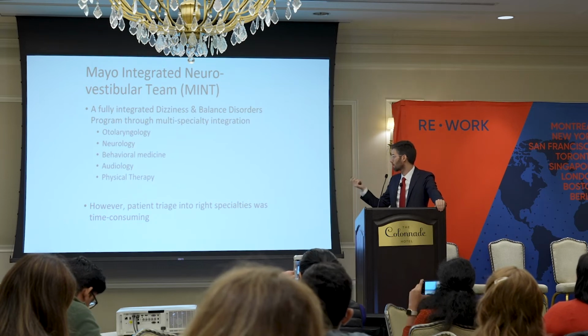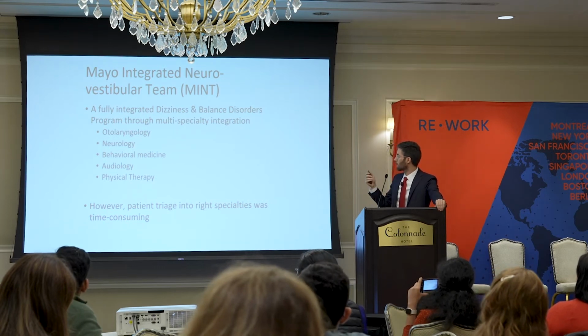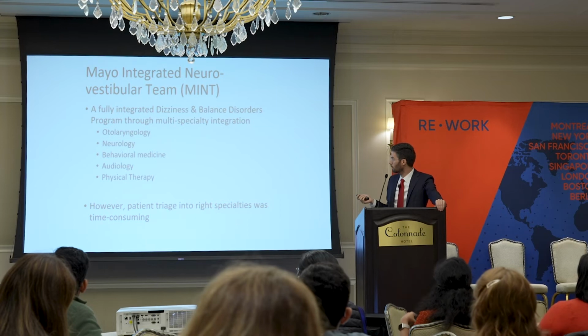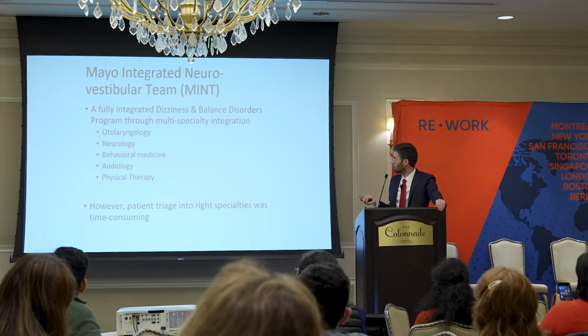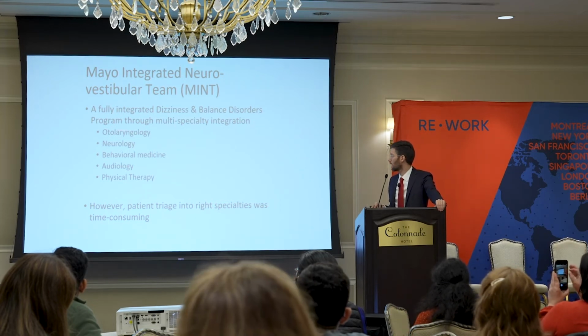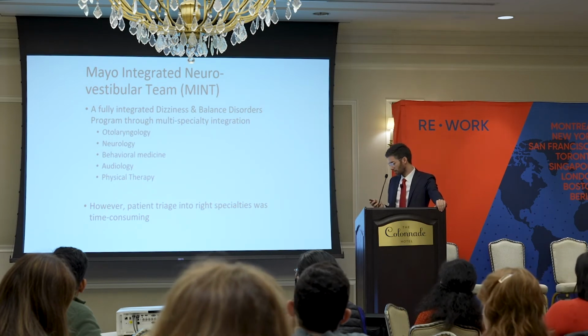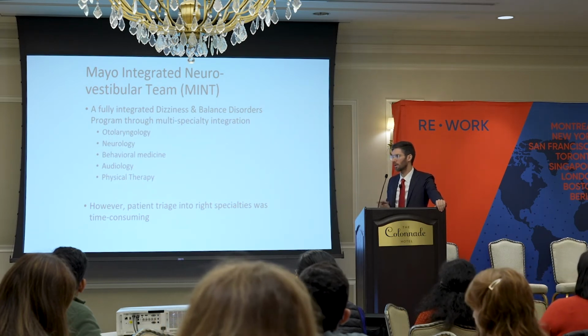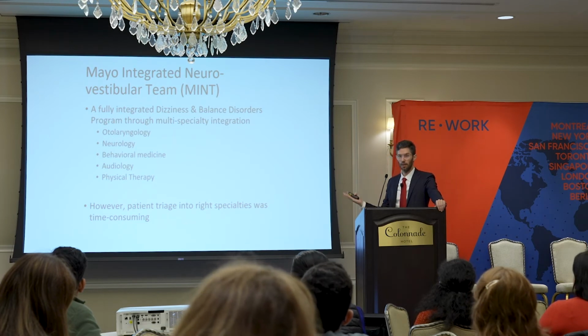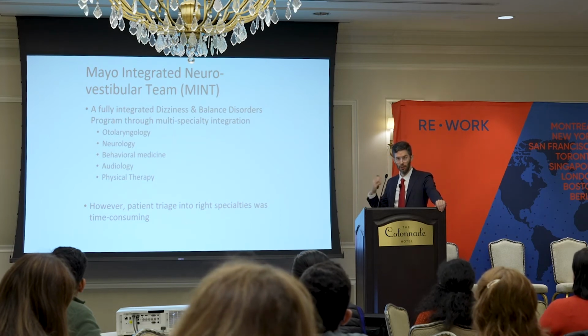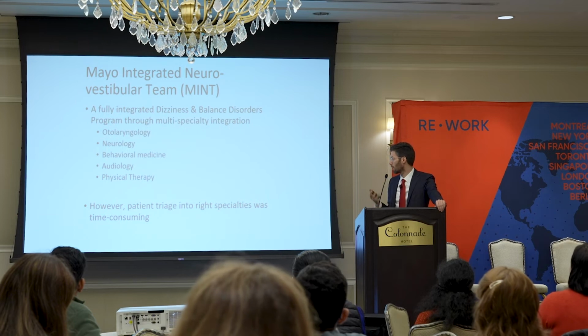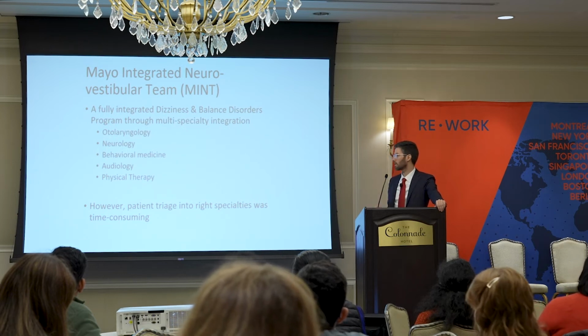So this is the full integrated multi-specialty program that includes people from ENT, neurology, behavioral medicine, which is psychiatry, audiology, physical therapy, and so on. And we were spending about 40% of a full-time equivalent of a clinician in triaging these patients, right? That's a lot of extra patients that we could see.